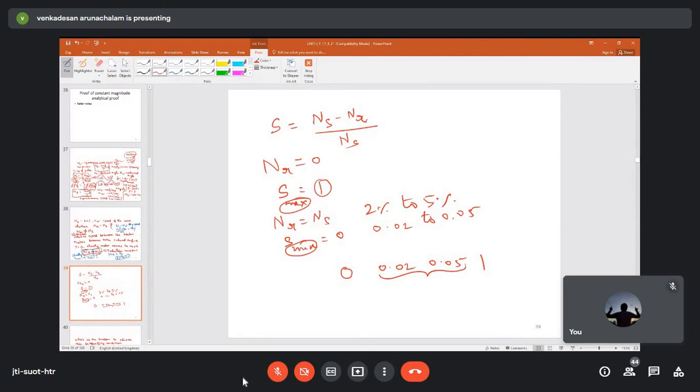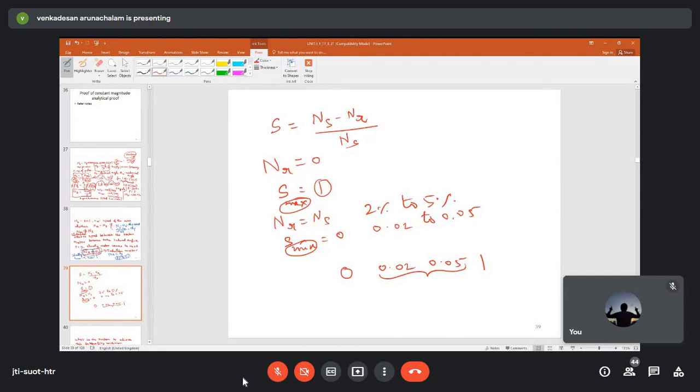Yes, very good. When the machine is about to rotate, you have given 3-phase input, the rotating magnetic field is produced, and the motor is just about to start. During that point of time, your slip is equal to 1.